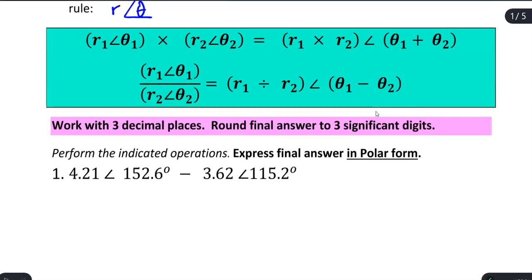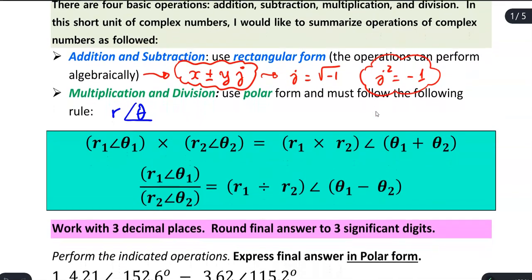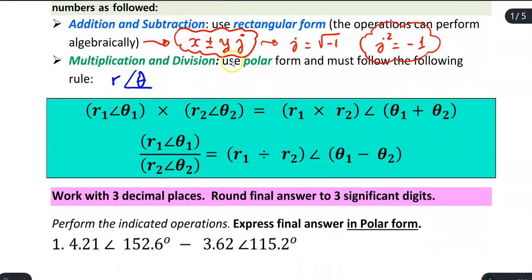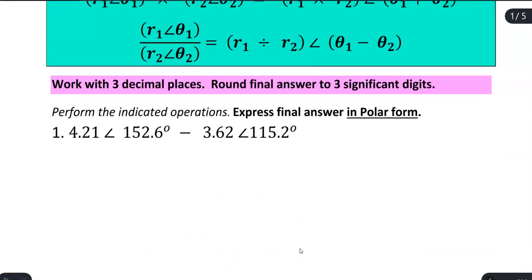So if we go to the rule that I mentioned earlier, for addition and subtraction, we should use rectangular form and apply algebra to it. There isn't any rule for addition and subtraction if our complex number is given in polar form. Therefore, the best way is to convert this to rectangular form.